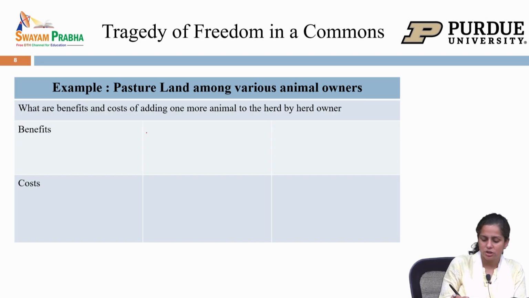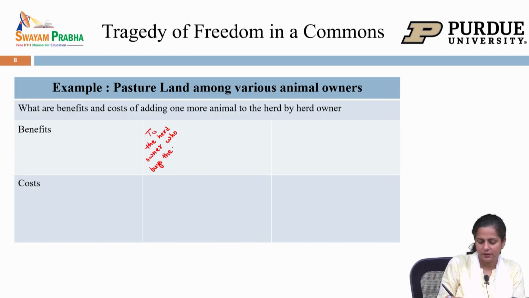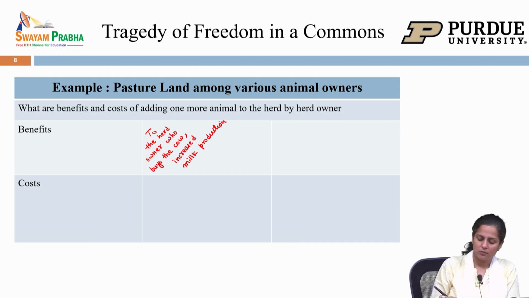So the benefit goes to the herd owner who buys the cattle, let's say the cow, and it is increased milk production and increased profits.